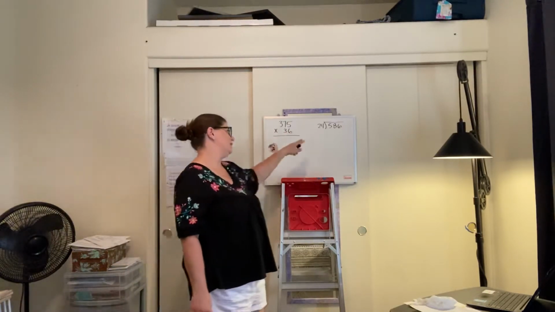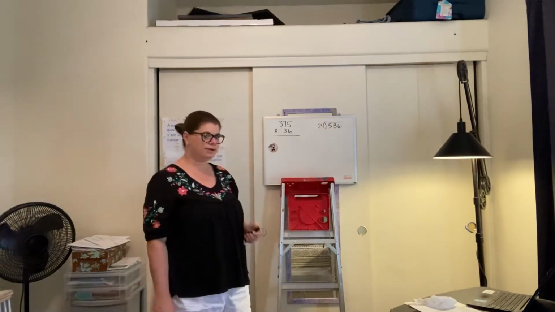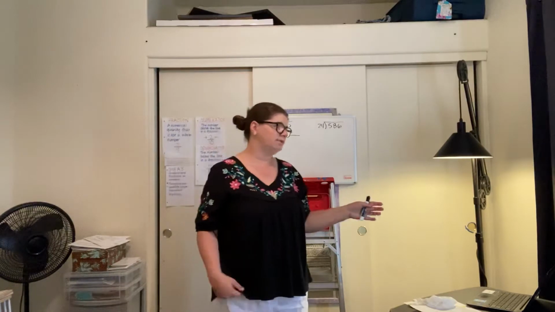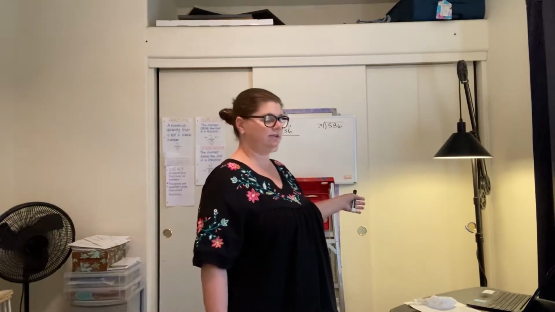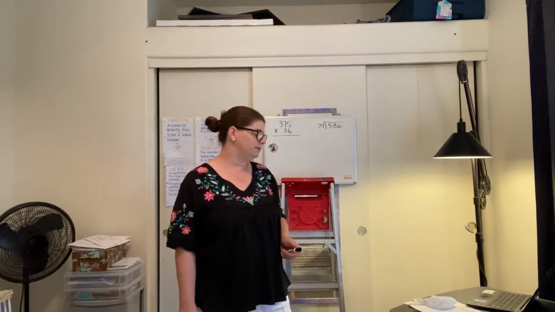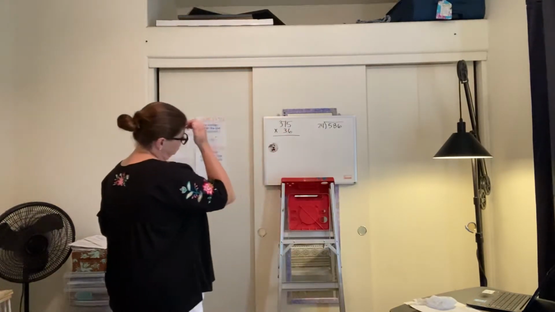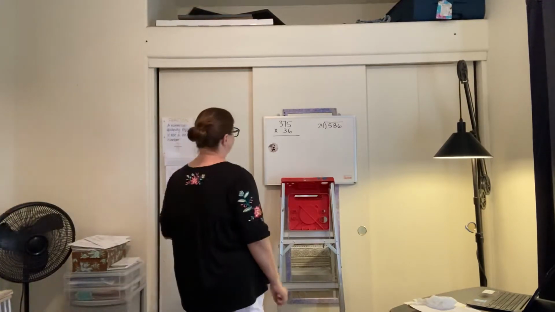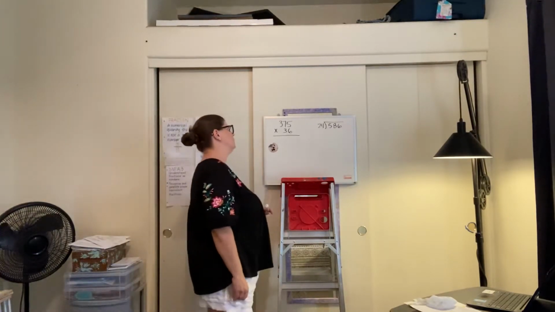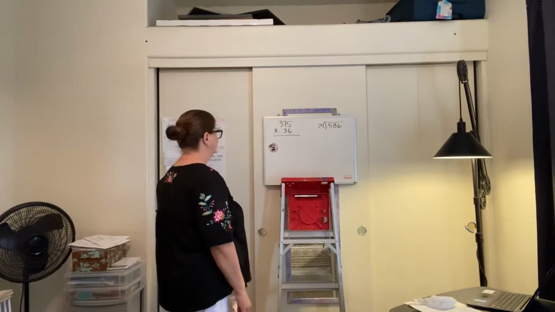And we're dividing by a two-digit number. If you need your multiplication charts, we have some up front in the bin to help you with your multiplication facts. Okay, about 2 more minutes and we'll go ahead and we'll get started on going over the bell work.